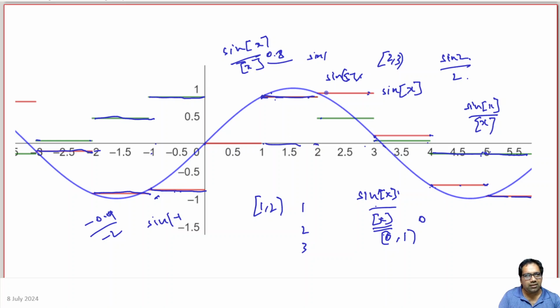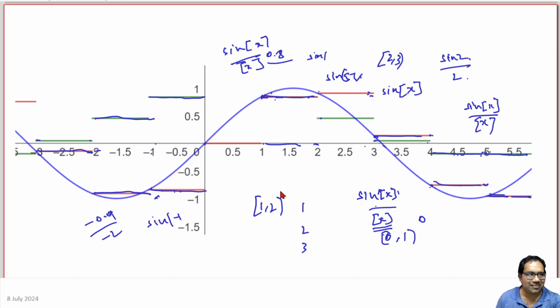So this by 1, this by 2, this by 3, this by 4, this by 5, likewise, or this by minus 1, minus 2, minus 3, likewise. Essentially the graph of sine of the greatest integer function of x by the greatest integer function of x is all straight lines, but there are so many breaks. It is important to understand this graphically also so that we can appreciate it better.